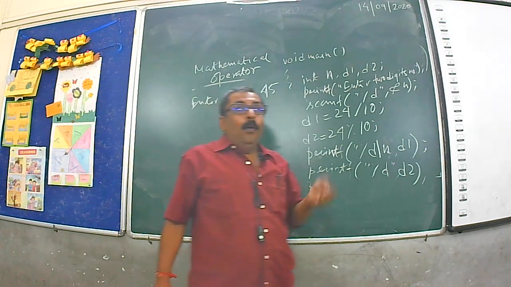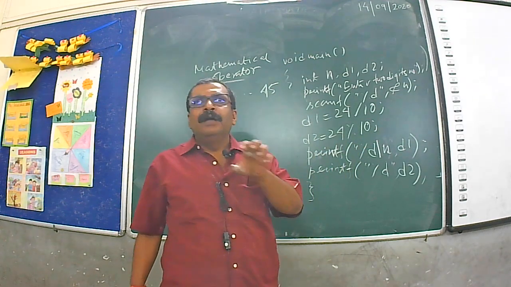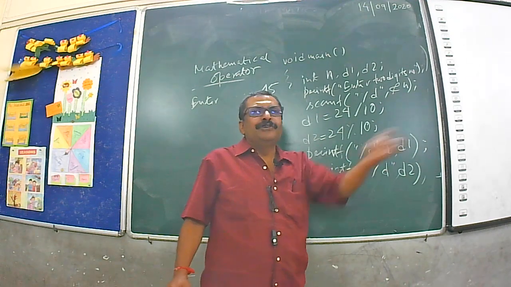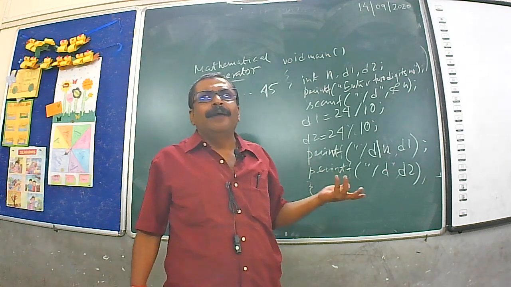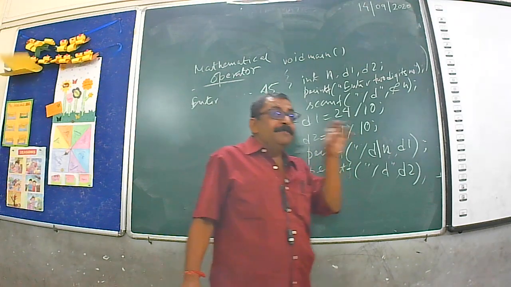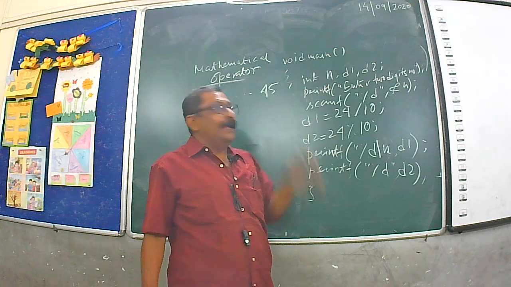Because there are a lot of data types you are using, how does the compiler understand that this is a float type, that is an integer type, that is a string type, that is a character type? You have to give some specific thing which the computer can understand as the integer type of data.